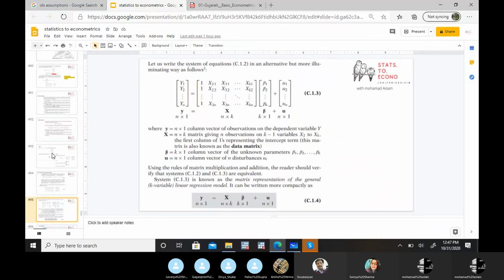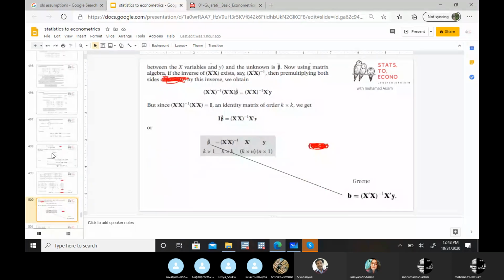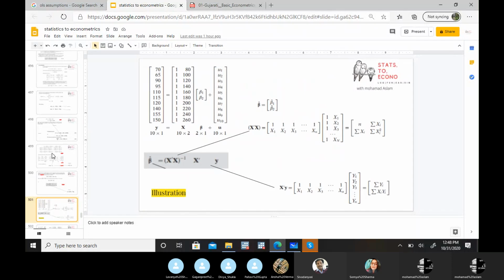Those data sets are not in Stata format, so I have to make them in Stata format so that we can do practical exercises as well. I don't have access to those data sets so far, only 10 or 15. But the Wooldridge data sets I have access to, but they need a conversion from raw data to Stata format.